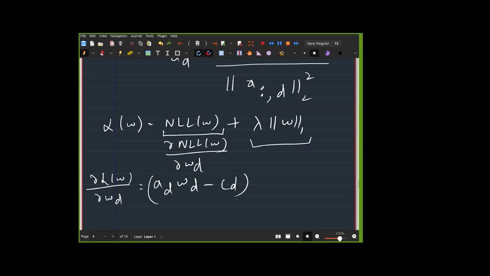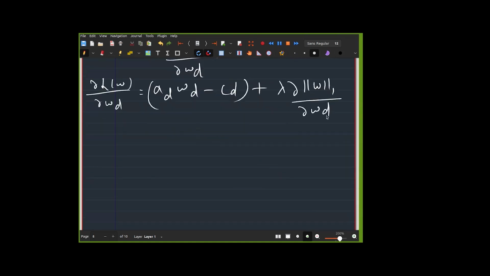This part we have just seen, plus lambda times the derivative of L1 norm of W with respect to WD. So let us first derive it for the second term, and then bring it all together.